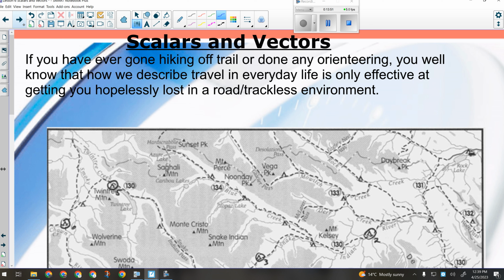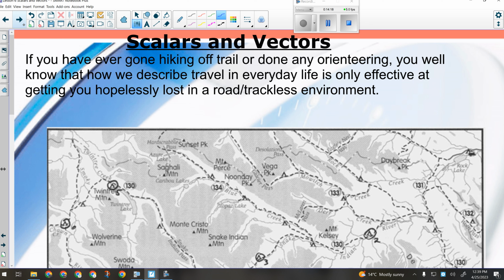One answer has more information, it has a direction, but given that there's a vast series of interconnected roads existing in this area, it probably wouldn't be hard to figure out that 18 kilometers would mean I go that way along the road and I follow the signs. I could probably still get there. There are sometimes where a scalar description is more adequate or preferable to a vector description.